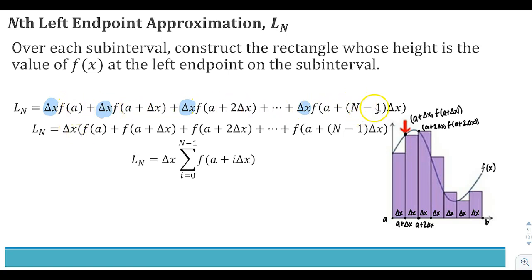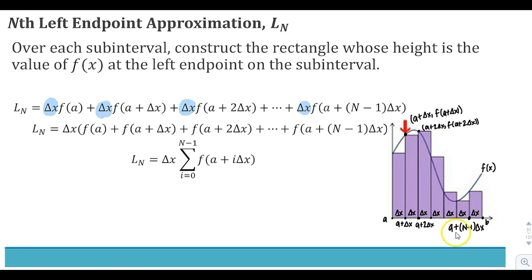Now the last height is going to be f of a plus n minus 1 delta x. Over here, this last leftmost endpoint height is generically a plus n minus 1, because remember n is the number of rectangles, so n minus 1 copies of delta x.